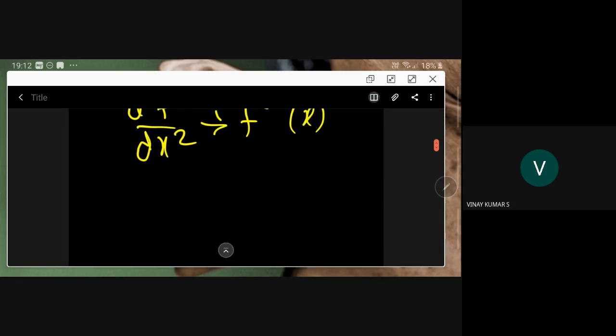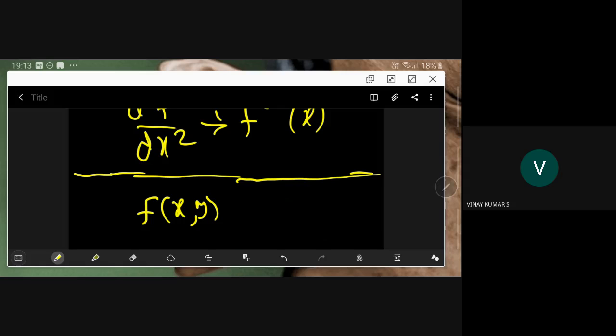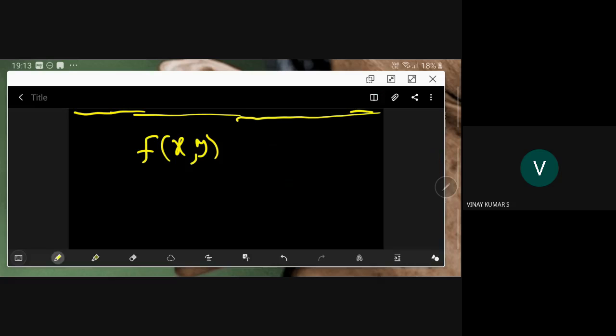And when we are talking about partial derivatives, the function involves more than one variable. So if you take f of x comma y, then in such a case we represent the associated partial derivatives, for example with respect to x, as dou f by dou x and dou f by dou y.